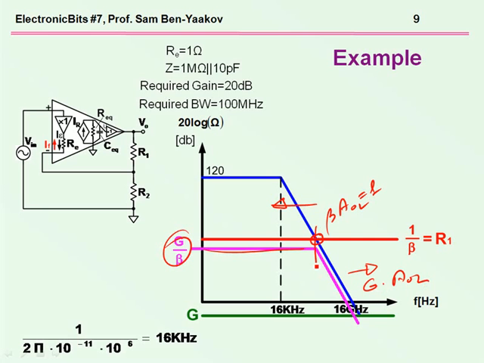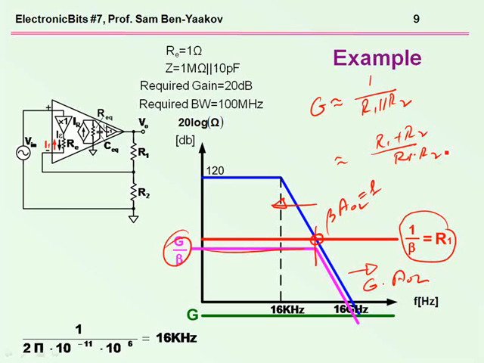Now, in the case of the current feedback amplifier, we have a very interesting situation. 1 over beta is determined by R1. Now, G in this case is approximately 1 over R1 in parallel to R2, which is R1 plus R2 divided by R1 times R2.